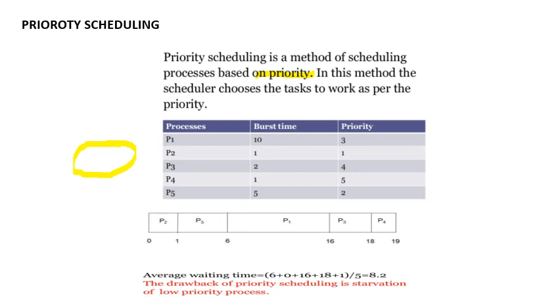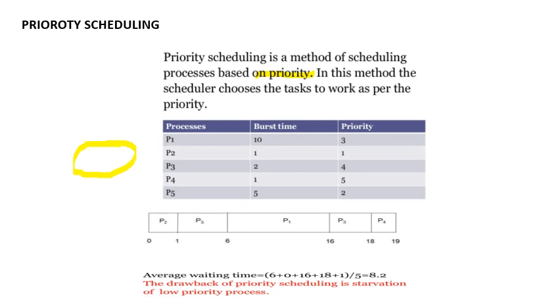In this example, 1 has the highest priority, 2 has the next priority, 3 the next, and so on. Sometimes you can select 9 as the highest priority, then 8, then 7. It depends on the programmer how he is implementing.